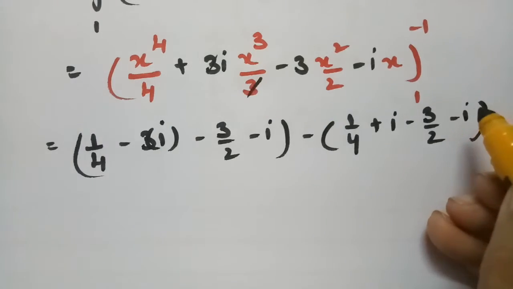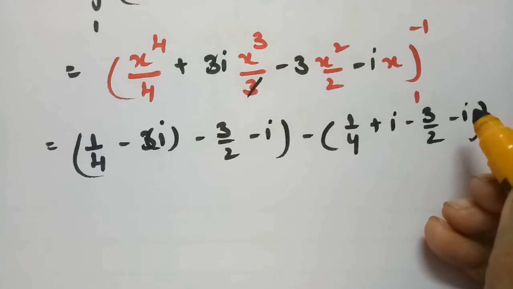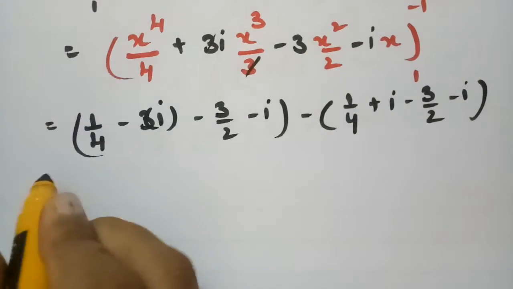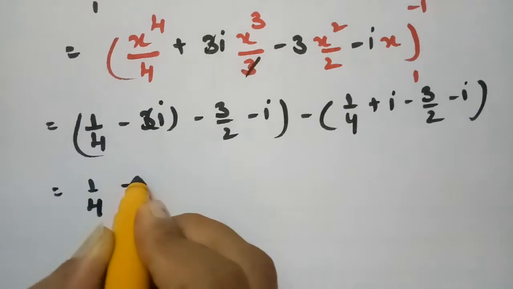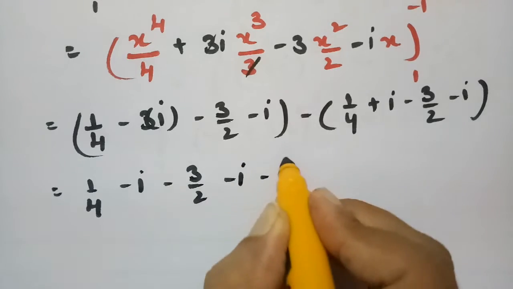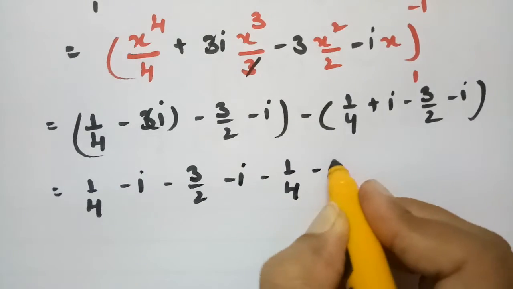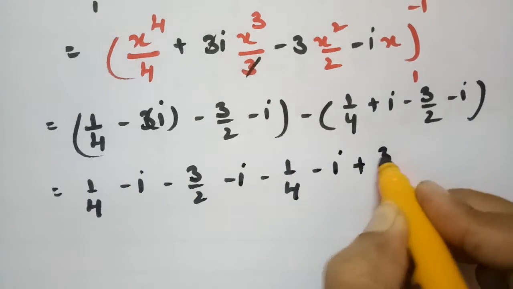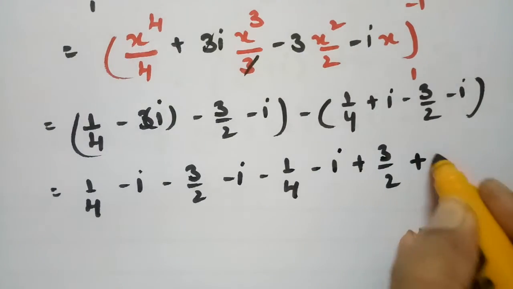See the value here, I can cancel these two and see what happens. So this value is 1/4 -i, -3/2 -i, -1/4 -i, plus this value is 3/2 +i.